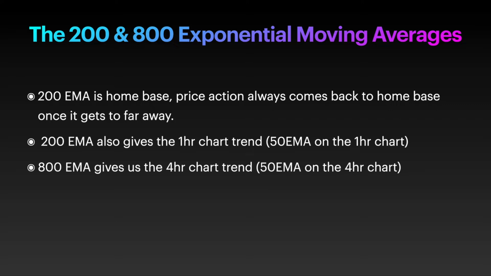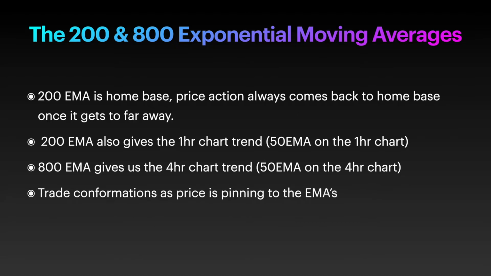So you basically get the trend, the 50 EMA of a 1 hour and a 4 hour, but on a 15-minute time frame, so you don't have to go to different time frames to know where price action is or what's happening. What's the intraday trend on a higher time frame? All right, so those are the main reasons why I like to use the 200 and the 800 EMA. It gives you all of these things just literally from the 15-minute time frame.